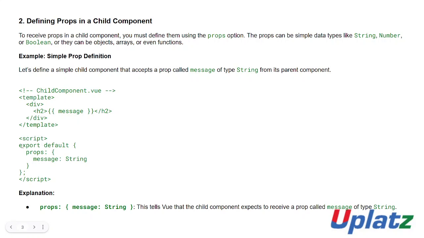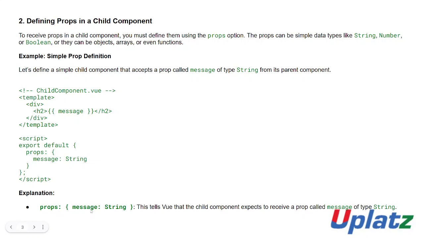Script tag, then export default, then props. There will be one property called props, and it will be an object, and it has message: String. This is the name of the prop, and this is the type of the prop. Then the script tag is closed. Now, explanation.